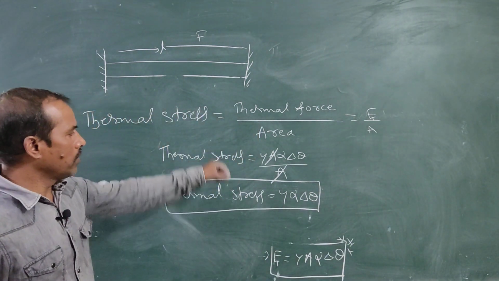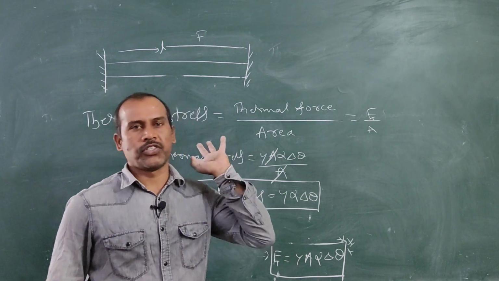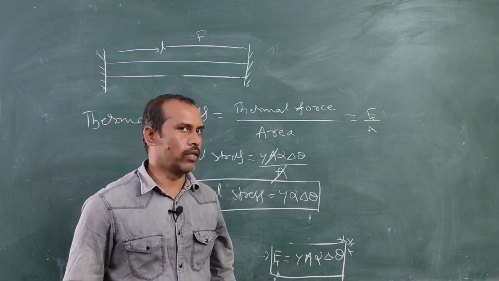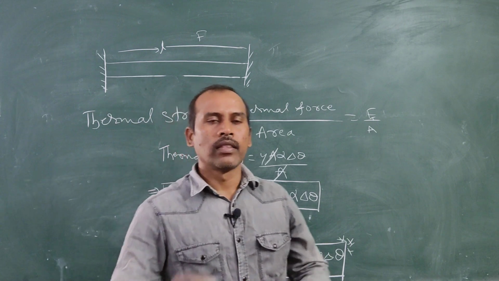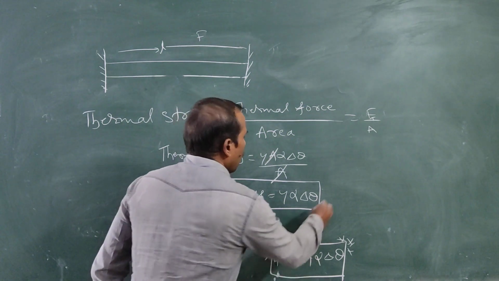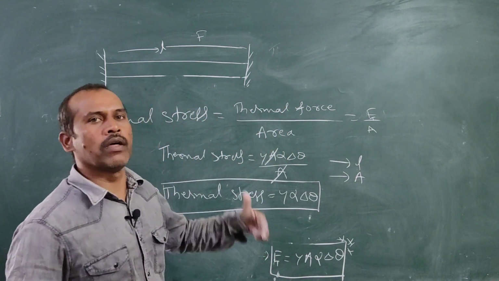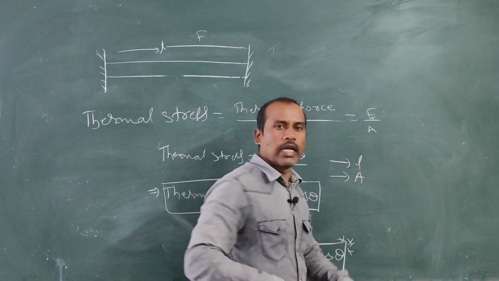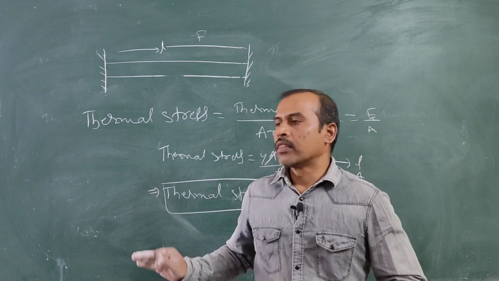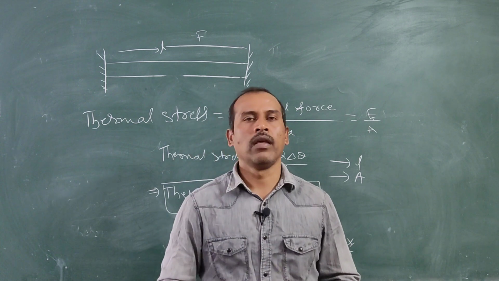So in this equation there is no length and no area of the cross section. సో ఈ ఈక్వేషన్ లో లెంత్ కానీ ఏరియా ఆఫ్ ద క్రాస్ సెక్షన్ కానీ లేదు కాబట్టి the thermal stress is independent of length and area of the rod. అంటే థర్మల్ స్ట్రెస్ అనేది ఆ లెంత్ పైన కానీ దాని అడ్డుకోత వైశాల్యం పైన కానీ ఆధారపడదు.